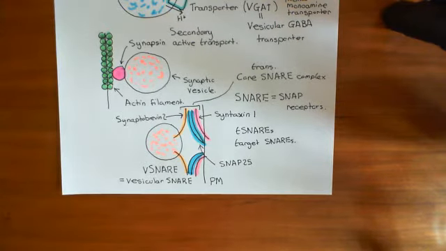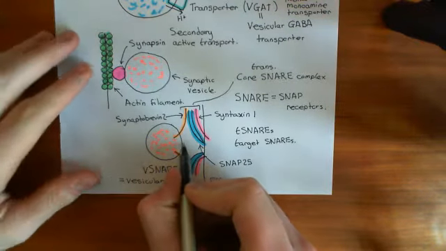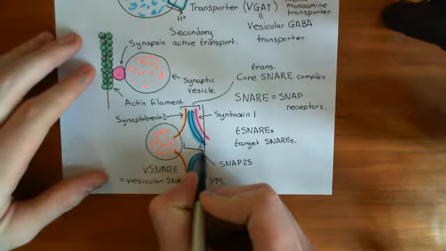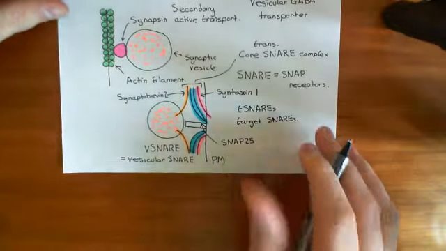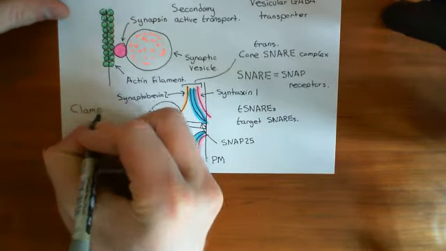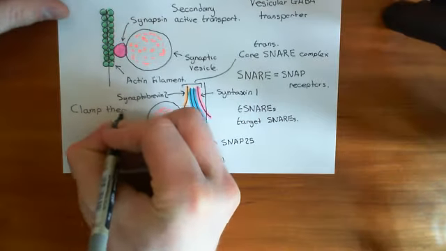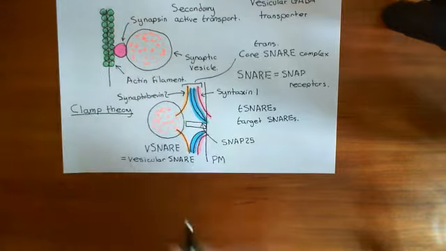Well, one theory is that you have a protein sitting in the middle here, holding the two membranes apart, basically. And this is the clamp theory, so I'll put that down somewhere. So the clamp theory, and I want to stress, this is not rock-solid science. This is a theory, this is a hypothesis, which has some weight behind it.